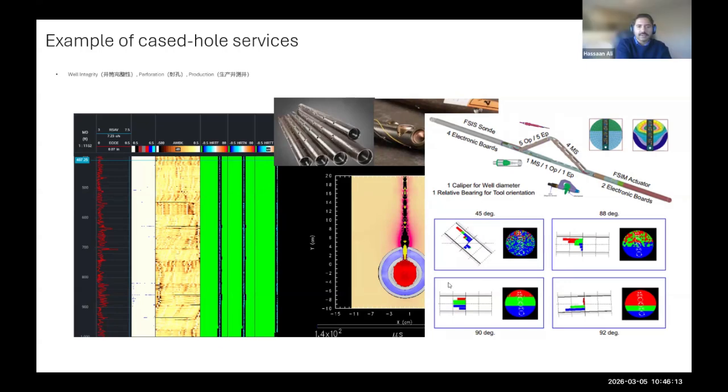Yes. So great question. Can you explain more on production logging and reservoir diagnostics? Certainly. I think we are on the right slide. Reservoir diagnostics is a very broad term, but I would take one example.